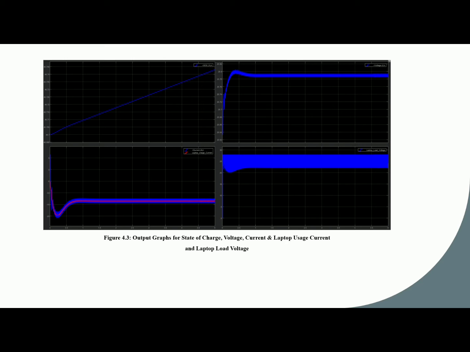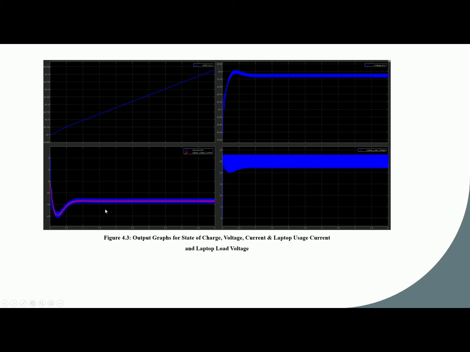Now over to the lower left corner, we have two elements. One is the current of the battery and the other is the laptop usage current, denoted by the blue and red lines respectively. We observe that the battery's current stabilized between negative 12.5 amps and negative 4.5 amps, whilst the laptop usage current has stabilized at about negative 13.5 amps.